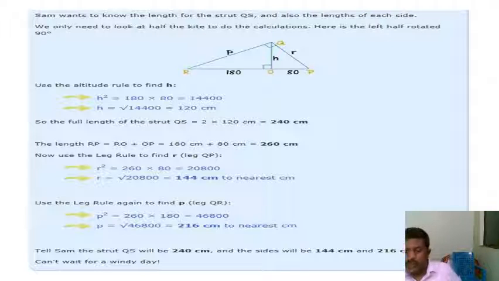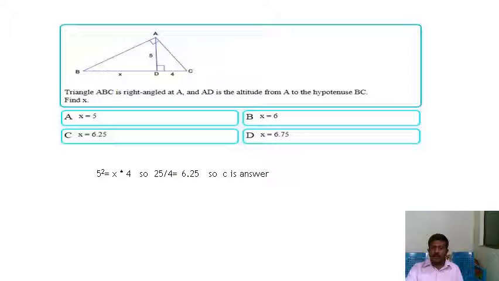Hence, we get 46,800. Taking square roots, P is equal to 216 centimeter to nearest. Tell Sam that the strut QS will be 240 centimeter and the sides will be 144 and 216 centimeter.